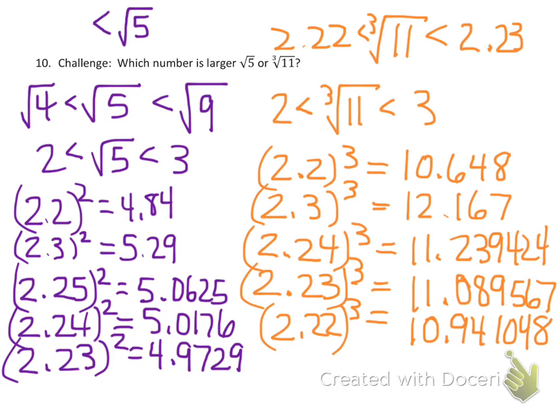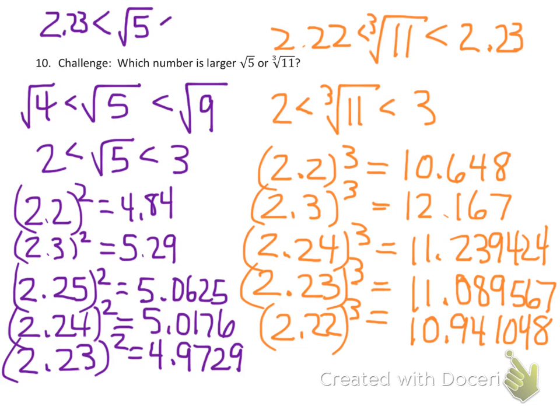Whereas the square root of 5, I know is greater than 2.23, and I know that because 2.23 squared is 4.9729, which is less than 5.